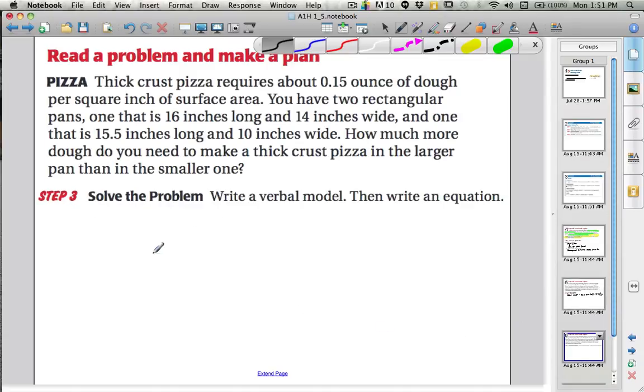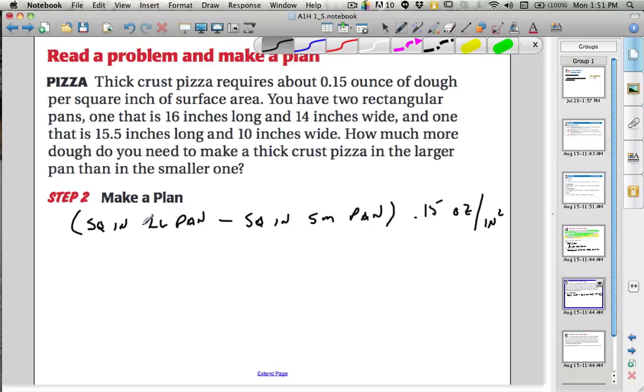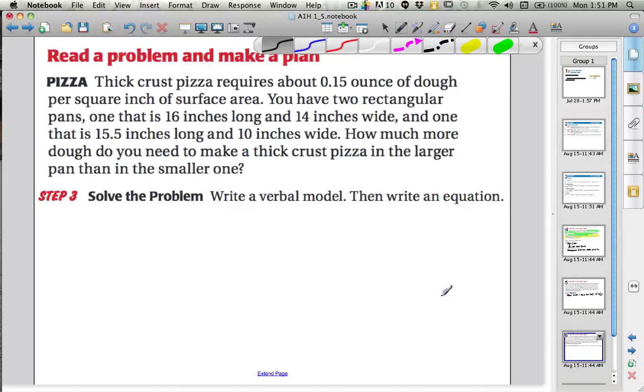Okay, so now let's solve the problem. I already sort of wrote the verbal model back over here. Square inches in the large pan minus square inches in the small pan times the number of ounces per square inch. That's what we're going to figure out.